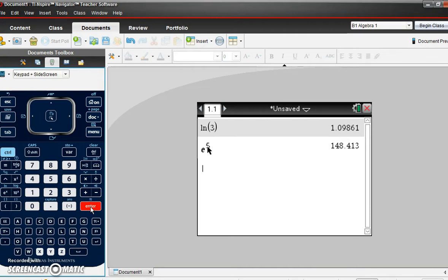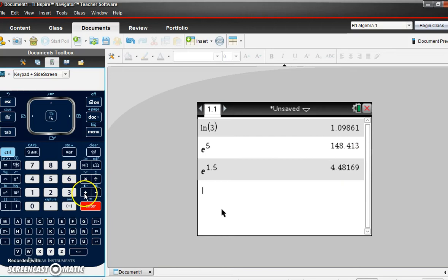All right, so now let's do the e raised to the 1.5. So again, I want e raised to the 1.5, so 1.5, and I'll enter that, and I get 4.48. All right, so now I need to add 5 to it, so I'm just going to leave that in there.